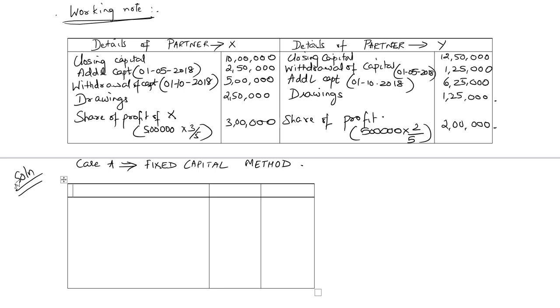We'll begin with the statement showing calculation of opening capital. Particulars: partner X and partner Y. Under the fixed capital method, we need to begin with the closing capital.